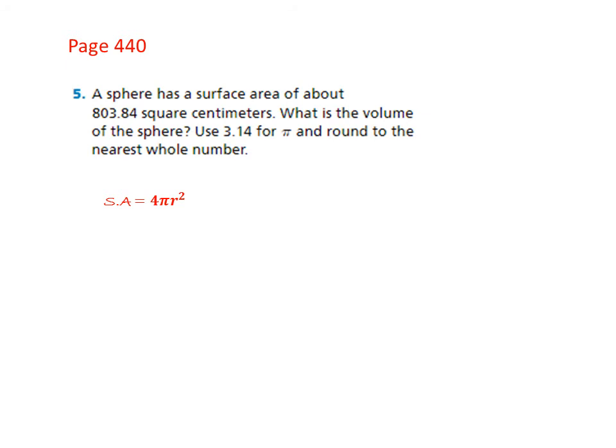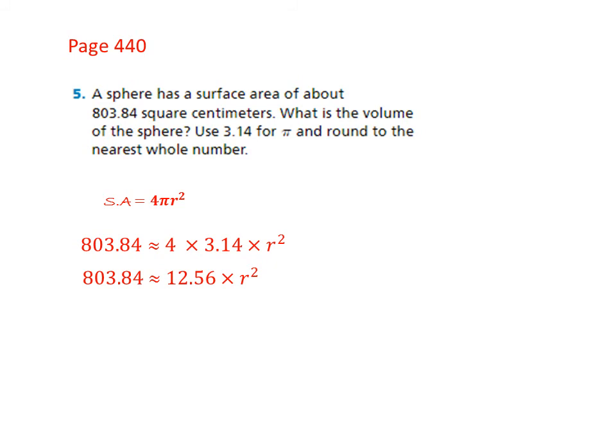Now, substitute, and instead of the surface area, use 803.84 equals 4 times 3.14 for pi. r squared is not given. We have an equation here. So now, simplify this equation to find the answer. Let's begin with multiplying 4 times 3.14. Yes, it's 12.56. Now, how to solve this equation?